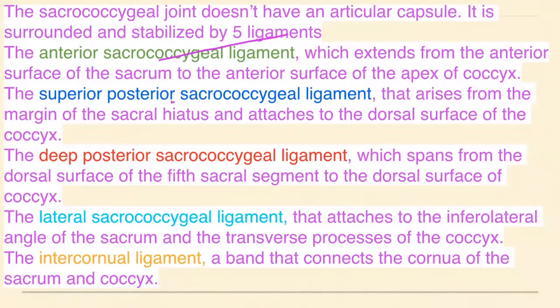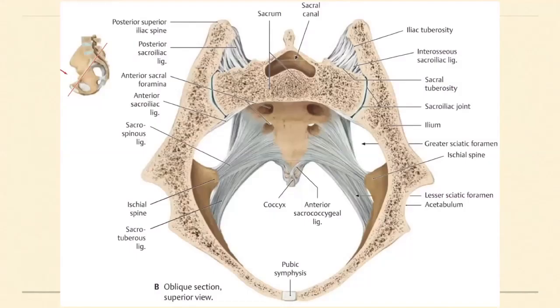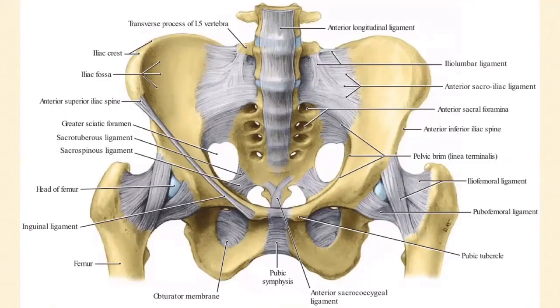Anterior sacrococcygeal ligament, posterior, superior posterior, deep posterior, lateral, and intercornual ligaments. You see, this is the anterior sacrococcygeal ligament, which is a continuation of the anterior longitudinal ligament. Okay, this is just a continuation of the anterior longitudinal ligament, right?